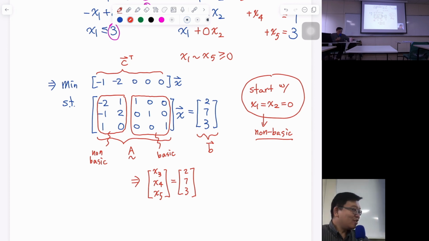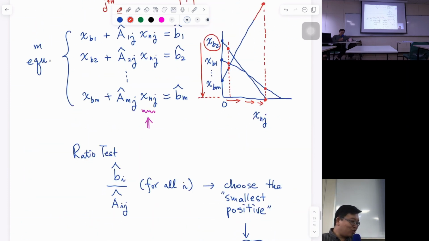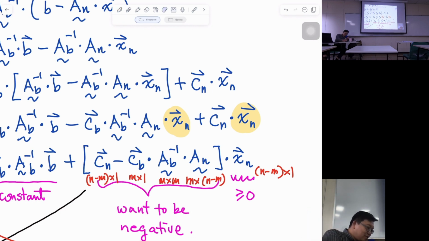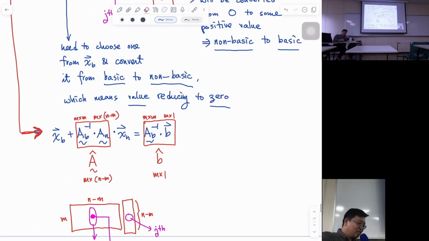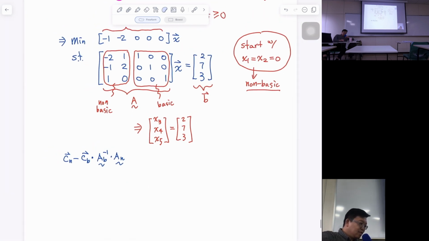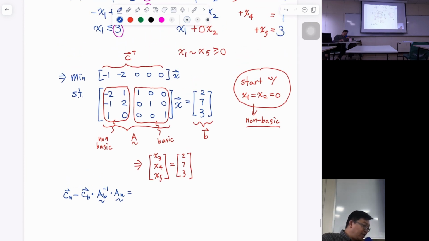Okay, now, like I said earlier, we're going to check something. We're going to check this particular thing. We need to check this chunk. So we need to do this. So what is my Cn right here? So this part is my C non-basic, right?